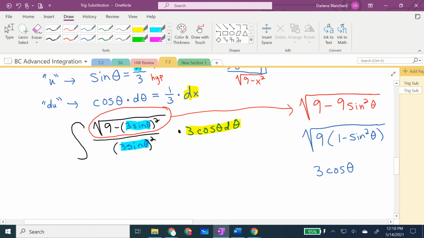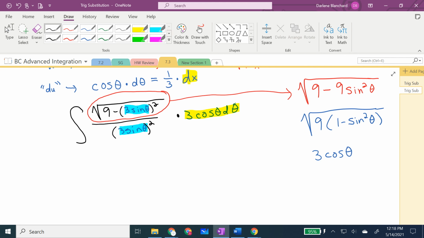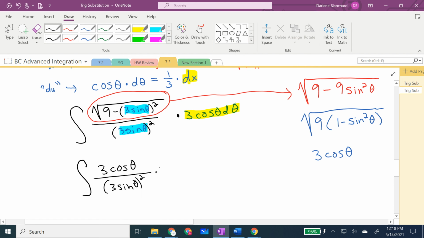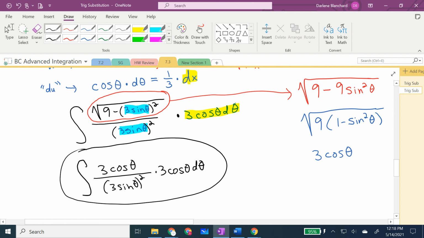So I'm going to go back to my integral and put that in. And now I've gotten to a particular point. This is the point where it turns into a trig integral. And I may want to do some simplification until I figure out the best approach.